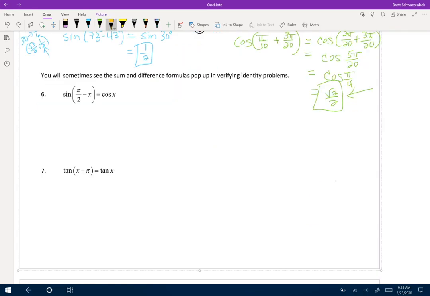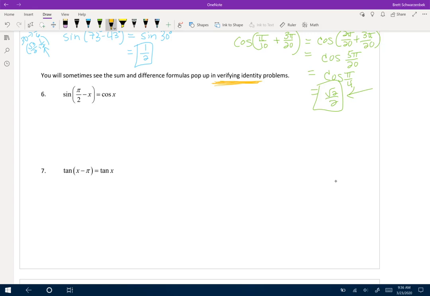Okay, so returning to a concept you learned in section 5.1, in several of these sections, you will be asked to verify identities. You can also verify identities with pretty much any formula that you learn. So now we have new formulas, therefore new verifying identity problems.